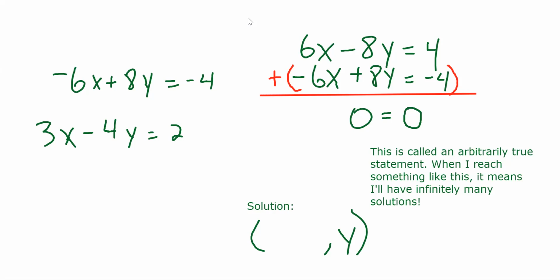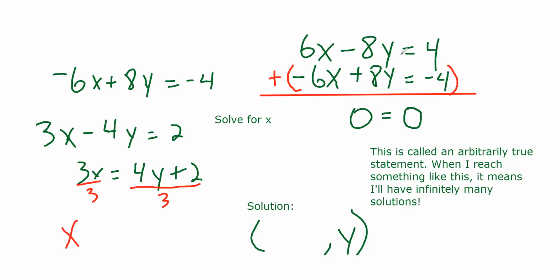I'm going to get x by itself. And there's nothing I can do to get rid of the y. It's just going to end up with y in it. I can add 4y to both sides. So I'll have 3x equals 4y plus 2. Now I need to divide both sides by 3.